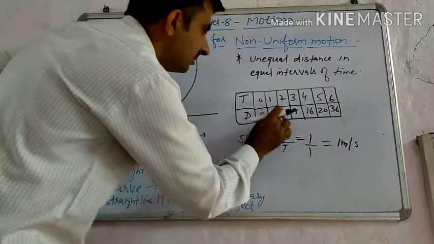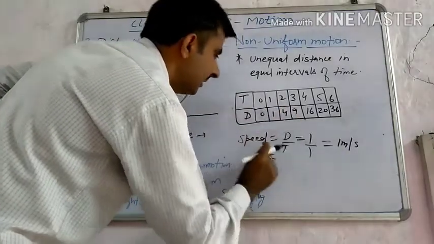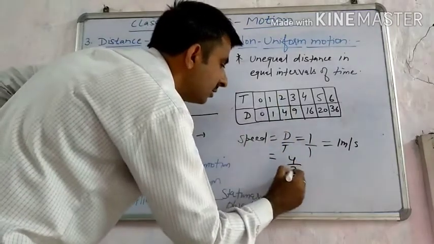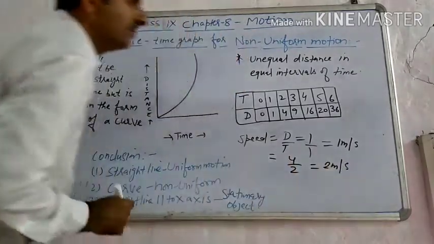If we take this, here distance is 4, time is 2, then it will become 2 meter per second.